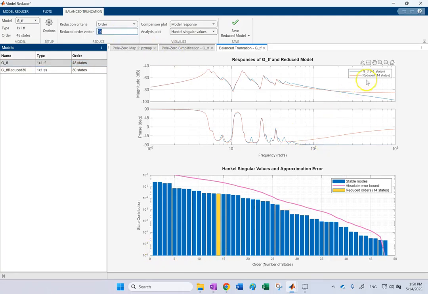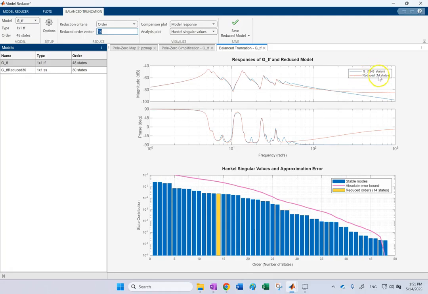If I do, then the original system with 48, the response of its Bode plot is blue, and the one with 14 states is the red one. And you see, actually, they are relatively close. I mean, except for these few peaks that you miss and this region here that the phase is a little bit messed up, almost up to 100, 110 radians per second, you are doing really great.